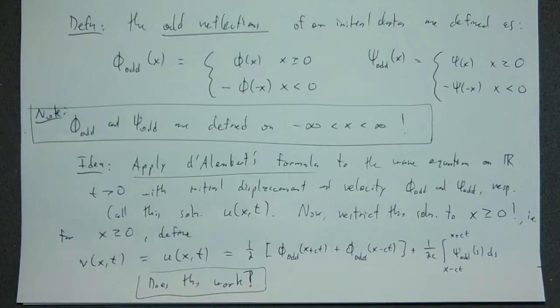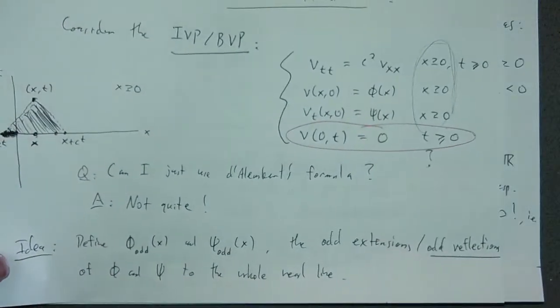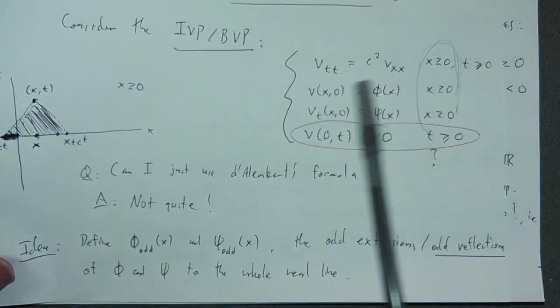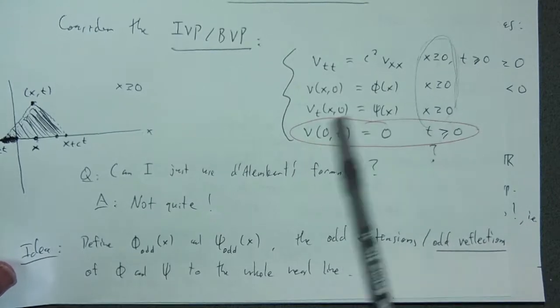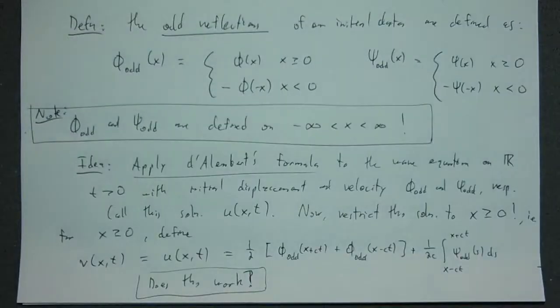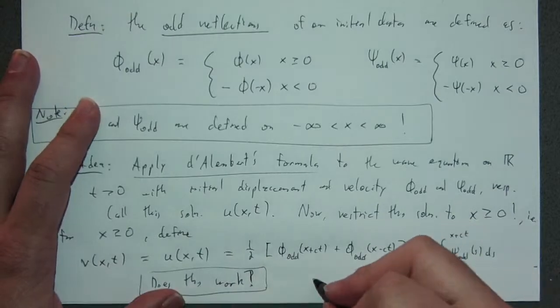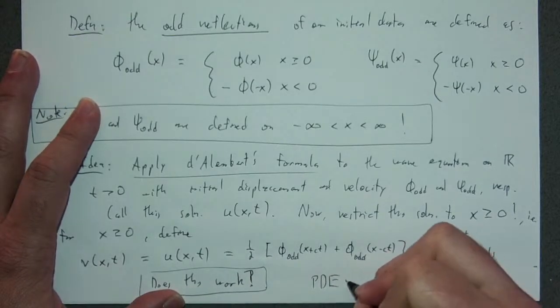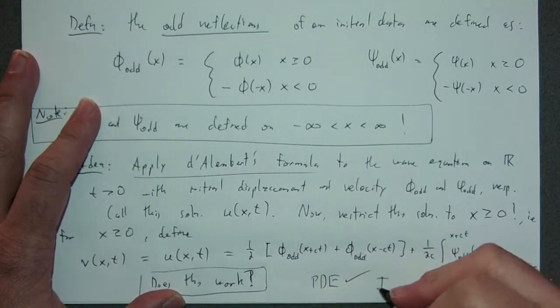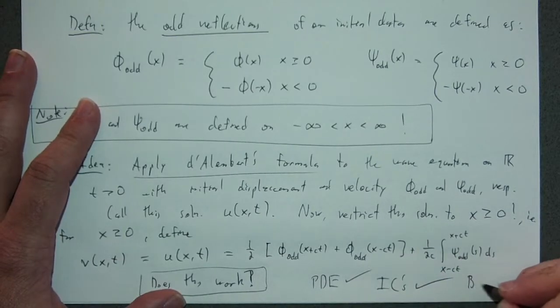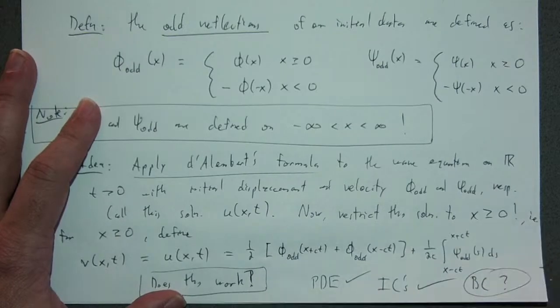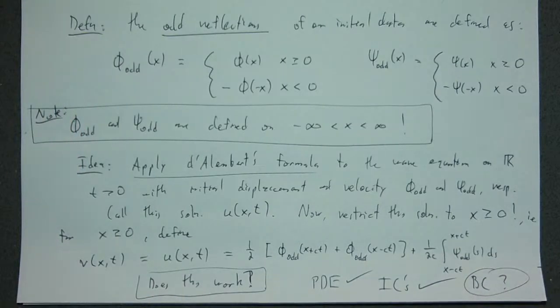This is just because D'Alembert's formula satisfies the PDE, but you can check that it satisfies this PDE on the domain required. It satisfies the initial conditions. The question is, what about this boundary condition? So it is fine for the PDE, it is fine for the initial conditions, so then the only question is the BC. Is it fine for the boundary condition?